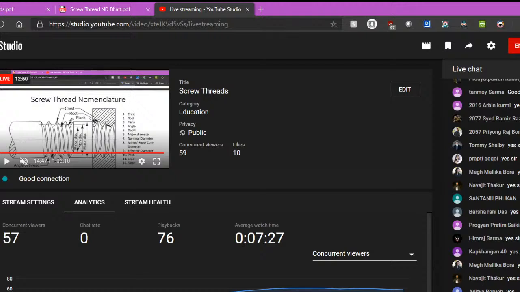Yes, Abhishek, threads are cut on a lathe machine. There are also turning machines where we can cut the threads, and then CNC machines are there.